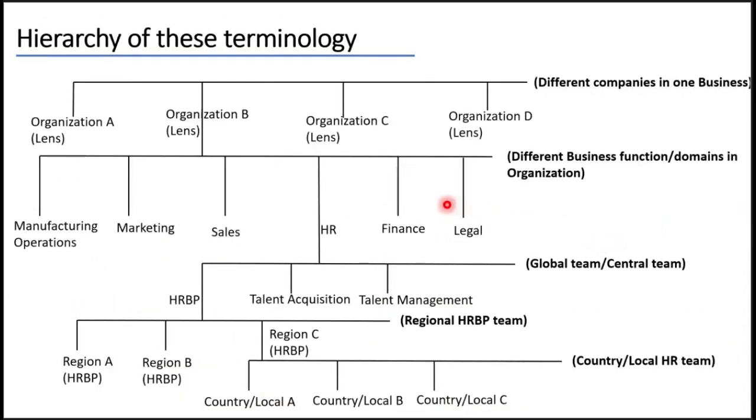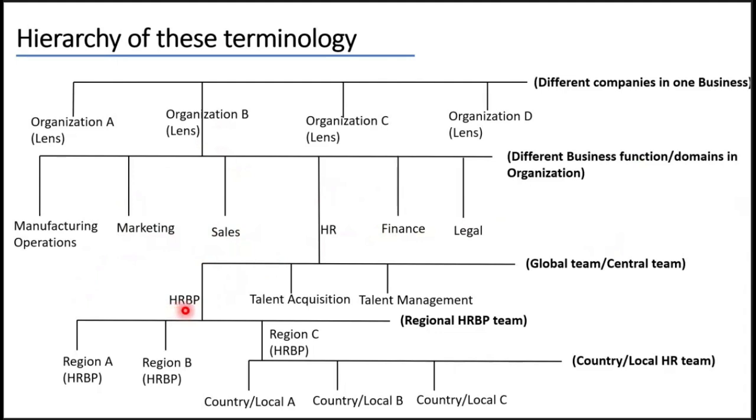And in one organization, for instance here B, organization B lens, can have different business functions like manufacturing operations, marketing, sales, HR, finance, and legal. And when we look at HR function, in HR function again, there are different processes and people assigned to it to carry out the task of that process.